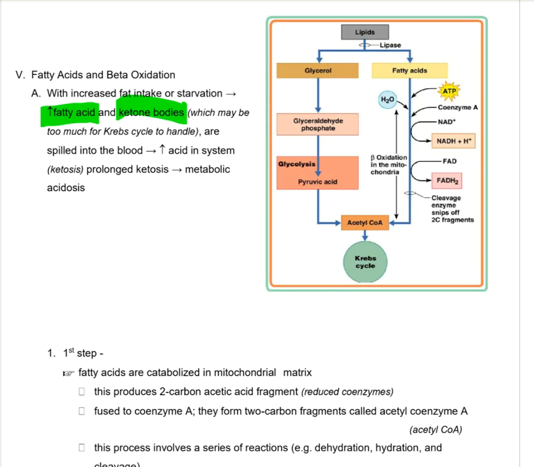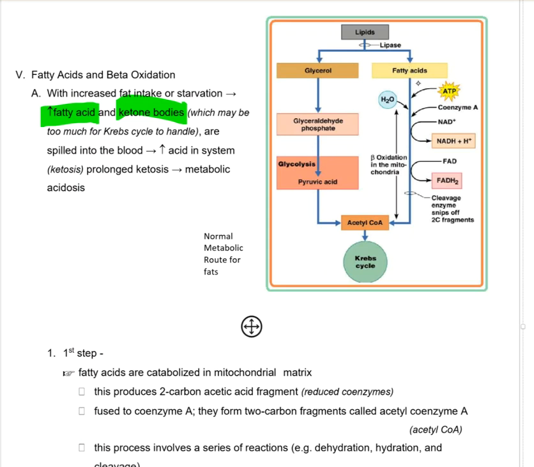So this diagram right here is the normal metabolic route for fats, for lipids. What happens is we take our lipids and we break them into our monomers, our glycerol and our fatty acids, right?